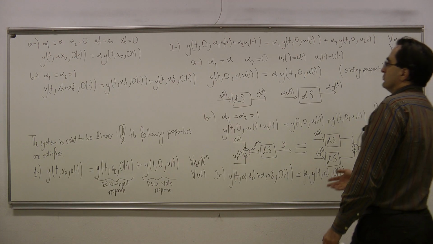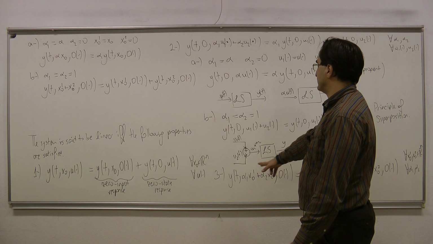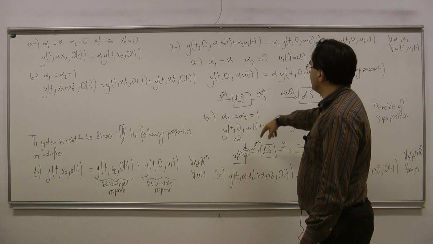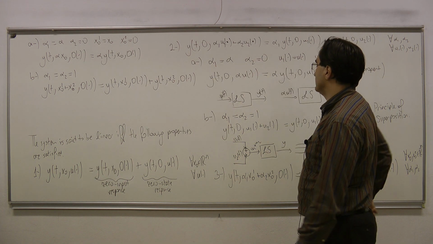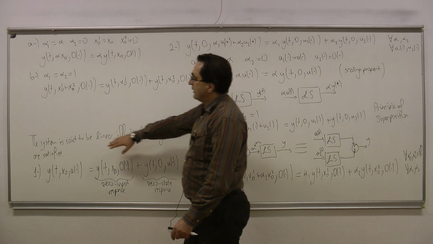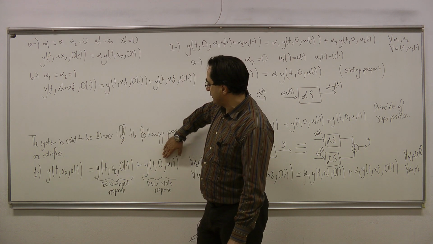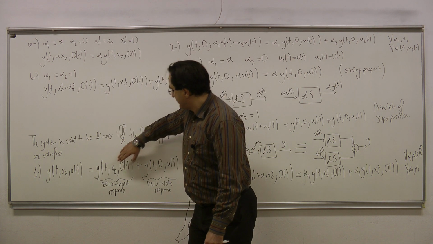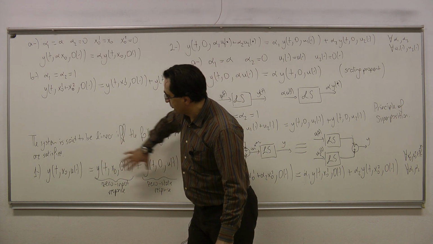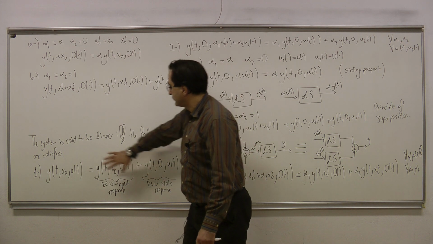So in general you have three main properties, and these two we have derived from the individual properties. The first property tells us that the effect of the initial condition can be separated from the effect of the input. That is a decomposition into zero input response and zero state response.